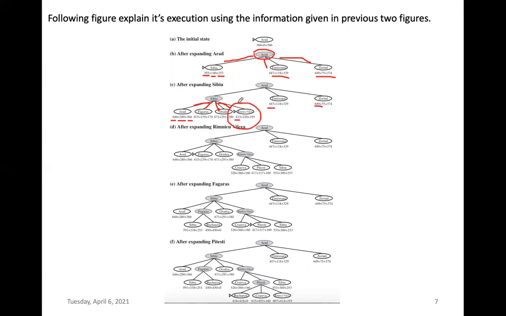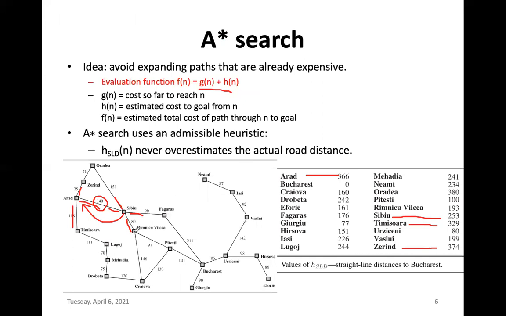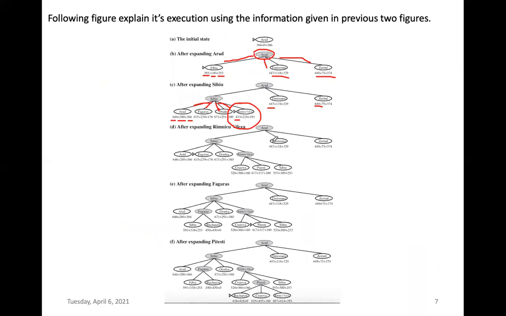So now in the next execution, you have to select this Rimnicu Vilcea with the value 413. From Rimnicu Vilcea, we have 1, 2, and 3 options, which is Sibiu, Pitesti, and Craiova.